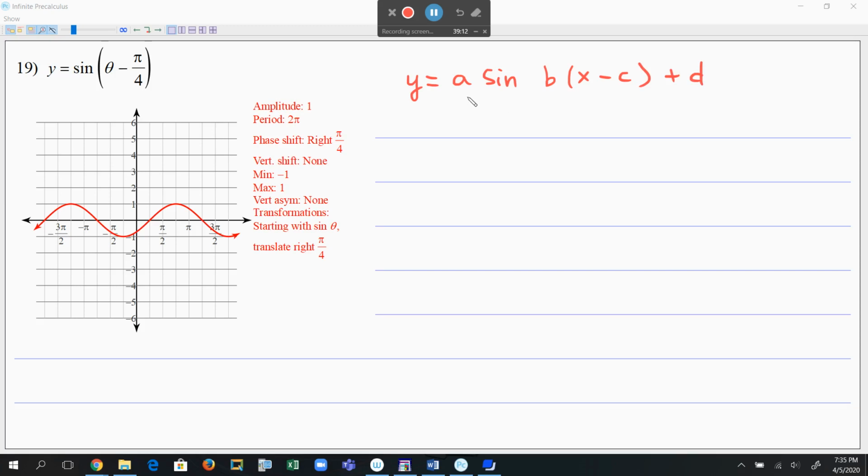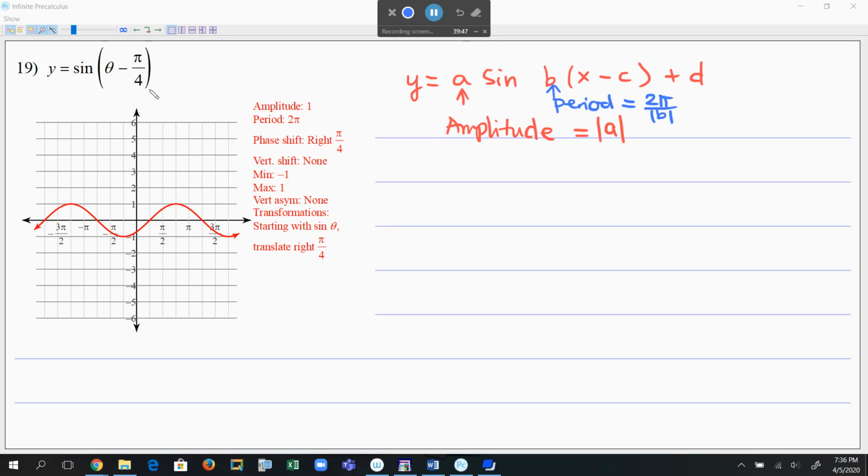So amplitude is the absolute value of a. Therefore, the amplitude is 1. The period will be 2 pi divided by the absolute value of b. In this case, our b is 1, so therefore the period is 2 pi.